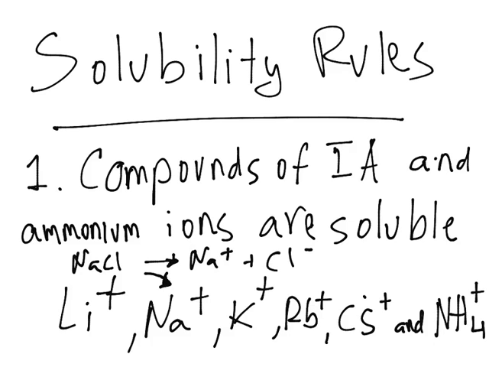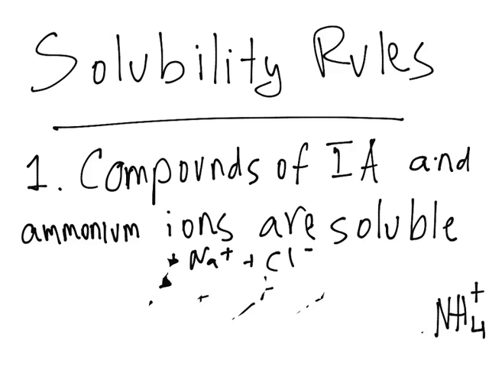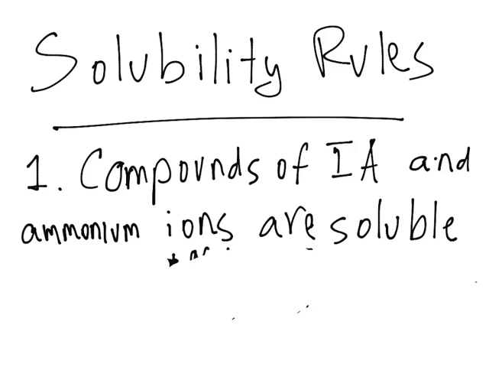So sodium chloride will be able to become its ions in your ionic equation. When something is soluble, you will write that it is aqueous, so you write an A and a Q. That means it is soluble in water.